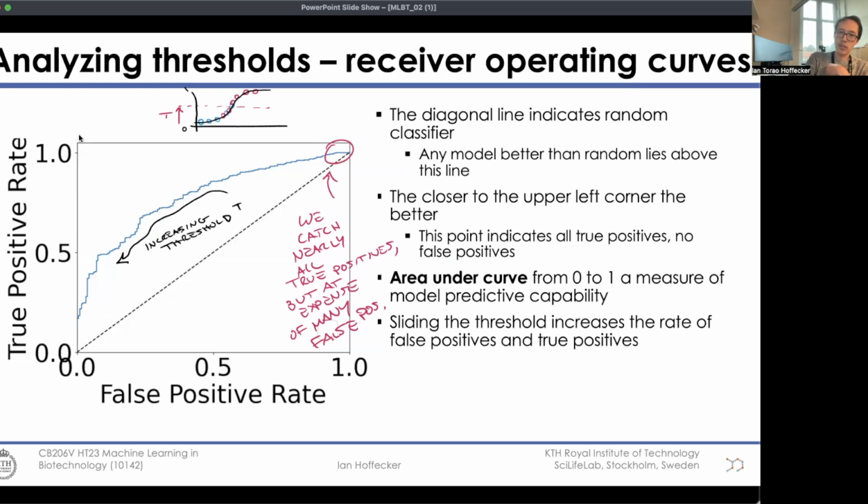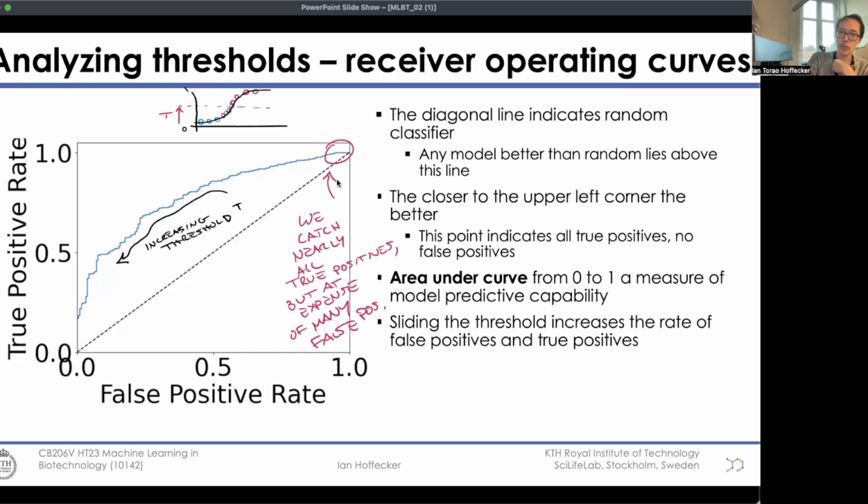And this upper left corner here is going to correspond to the best possible model, a place where all are true positives and there are no false positives. And any line above this diagonal is going to mean that there's some predictive power of the model. But if it's falling along the diagonal, then that means that it's not predictive, it's random.